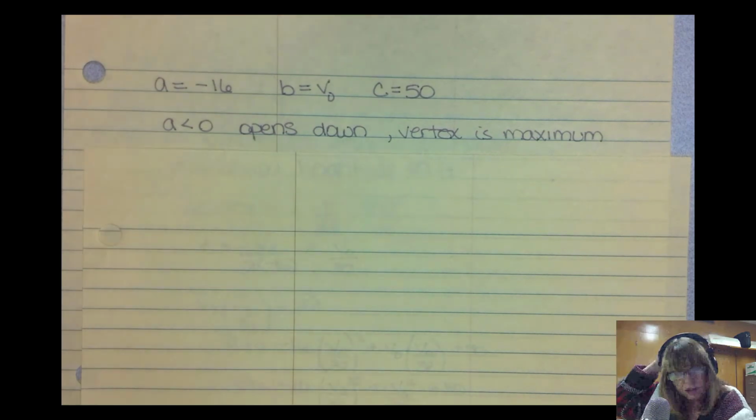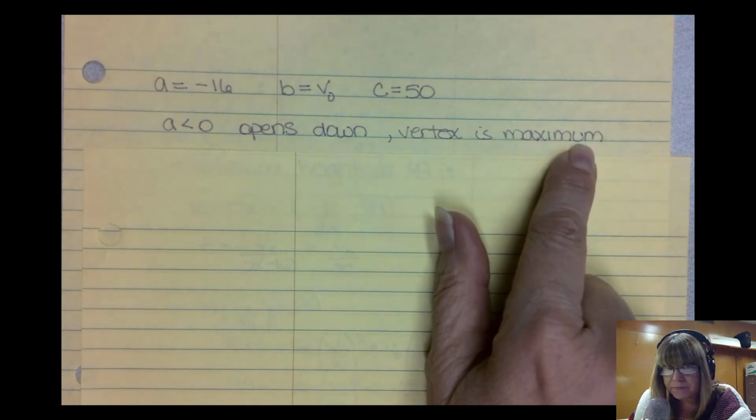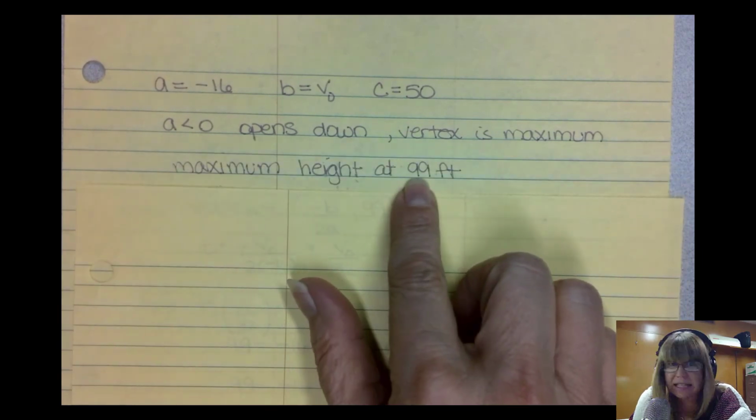I'm sure you've seen a lot of baseball games, or you yourself have thrown a ball and you know it goes up and then goes down. At least if you're not throwing it like a professional pitcher, which still does curve down. It just doesn't look like it. It looks like it's thrown straight. Our vertex is a maximum. And we know that part of our maximum is the height at 99 feet.